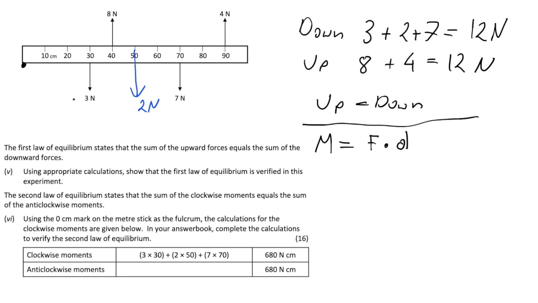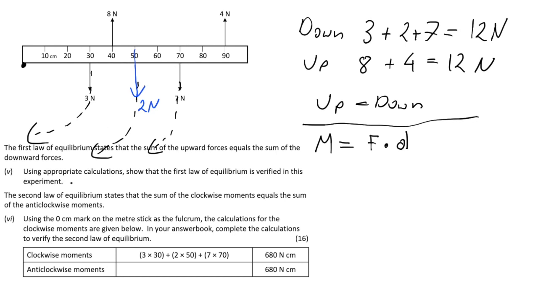Which forces are those? Well, the first one, if you imagine that this is the center of our clock, the force at 30 centimeters will rotate our ruler in this direction, which is clockwise. Second force that will rotate it clockwise is the force over here. And the third force that will rotate our ruler clockwise is the force of 7 newtons at 70 centimeters.